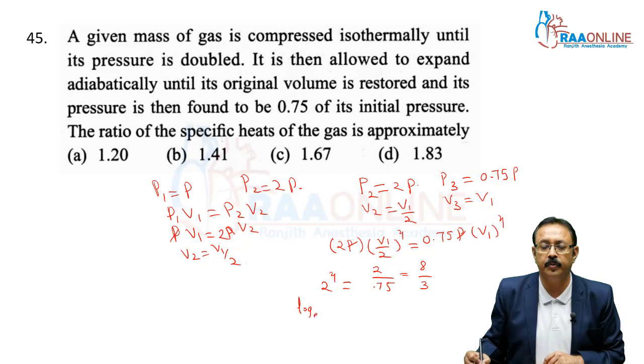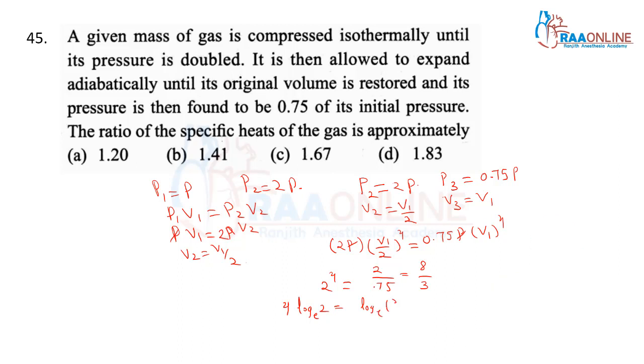So gamma into log 2 is log 8 by 3. So by this we can calculate. Log 2 value we know. So divide the value of log 8 by 3 by the value of log 2, you will get the correct answer of gamma.